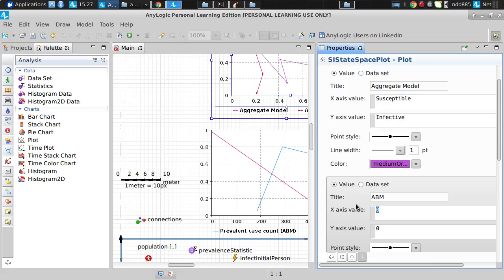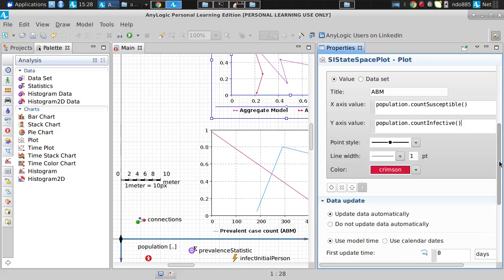Yeah, population.countSusceptible, right? Good. And suppose now I want to get the count of infectives. Here I can do this: population.countInfective. Okay. So, ladies and gentlemen, we have that.